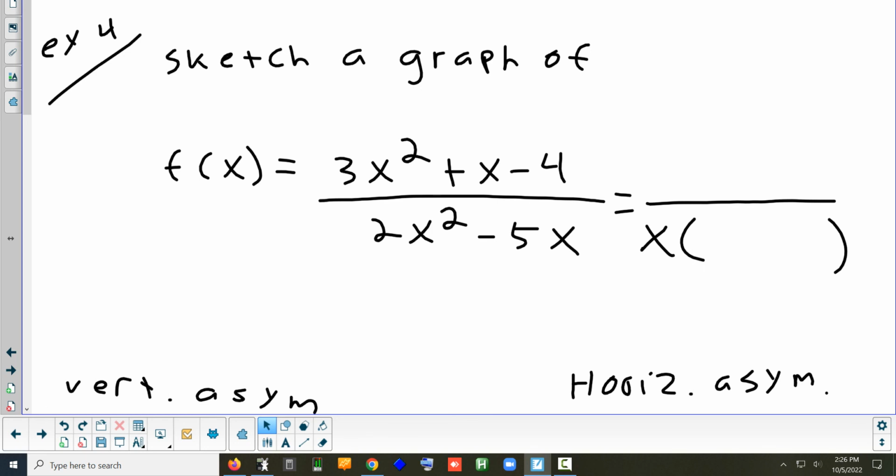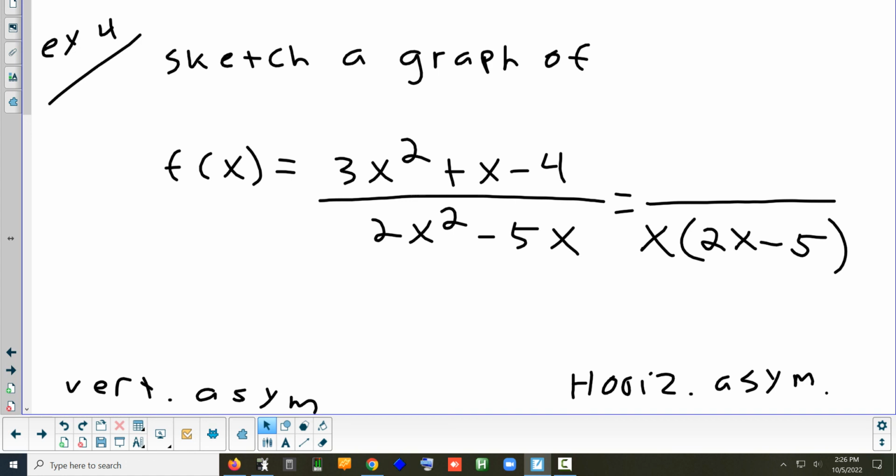And if I factor out an x, Austin, what will that leave me with in the parentheses? 2x minus 5.